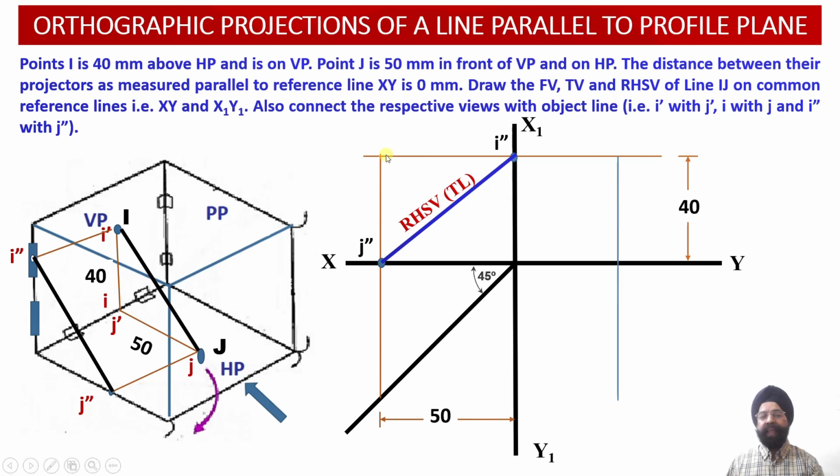So we know that the distance between the profile plane and this particular line IJ has not been defined. So we can take this distance to be an arbitrary distance.